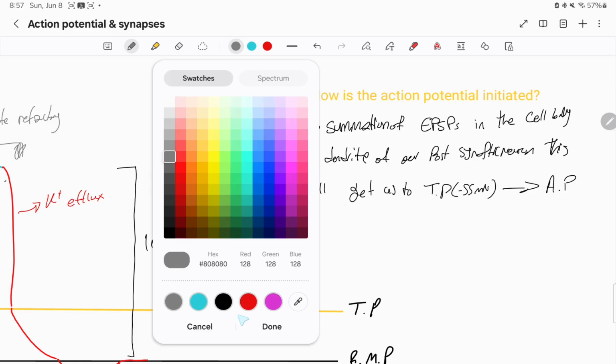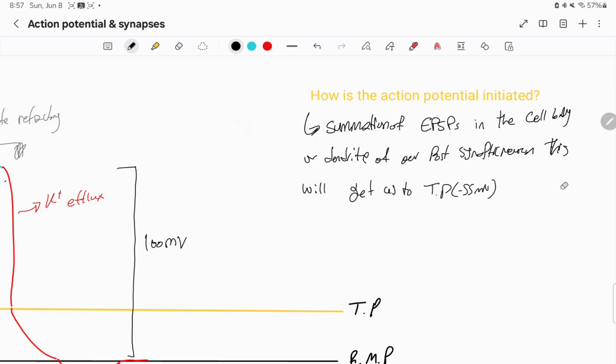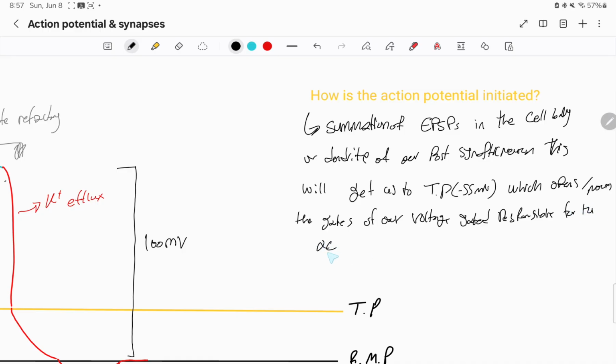We can modify this even further and say that this will get us to threshold potential, which opens or moves the gates of our voltage-gated channels, responsible for the action potential.